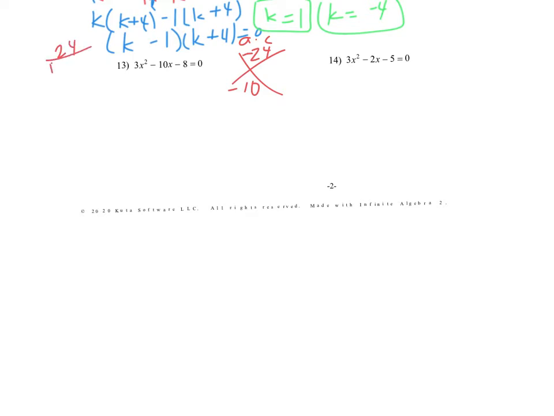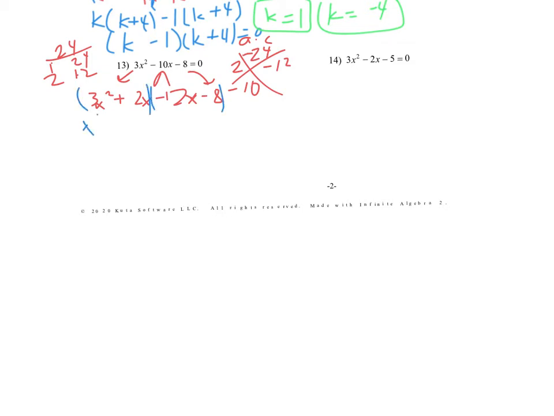It's a lot of ones, so we have 1 and 24, we have 2 and 12. Actually, 2 and 12 is going to work there. So I'm going to put a positive 2 and a negative 12. Okay, so we're going to split, and I put the negative 12 because it's got to add to a negative 10. So I'm going to put 2x and negative 12x there. So split up that middle term. We'll throw a negative 8 over here, and then 3x squared out front. All right, now we'll do our grouping.